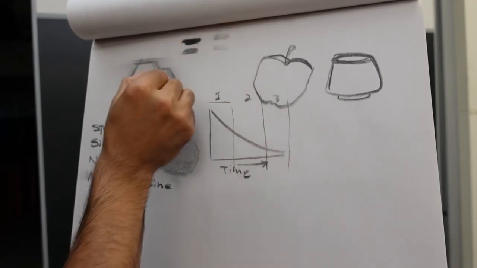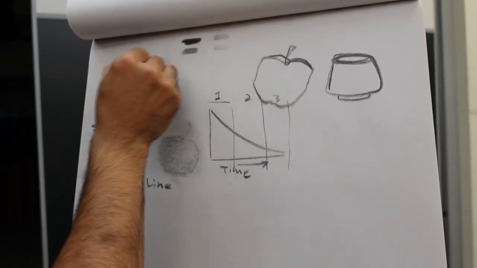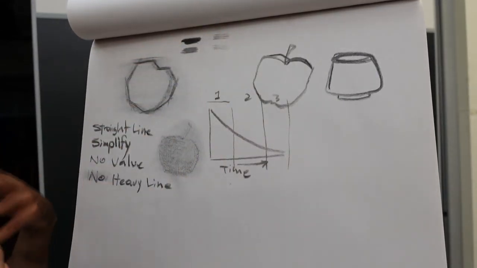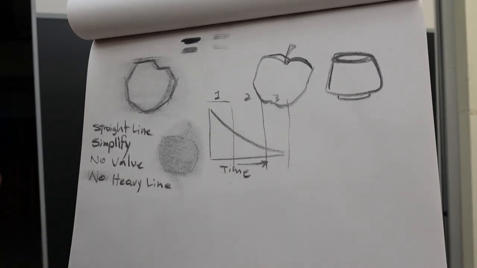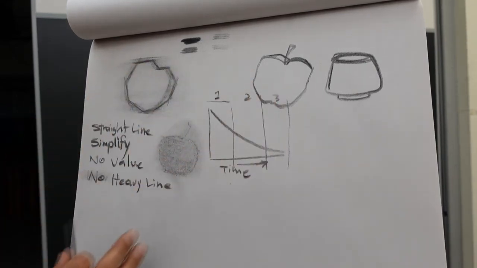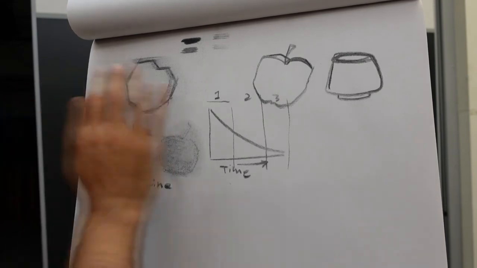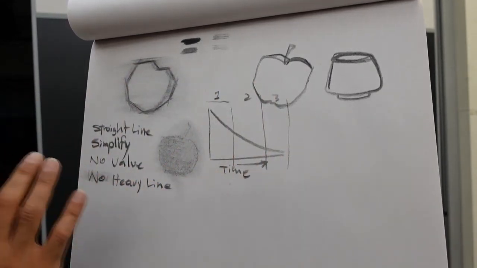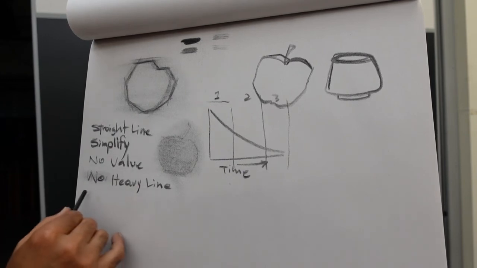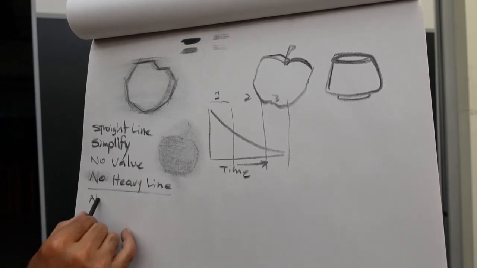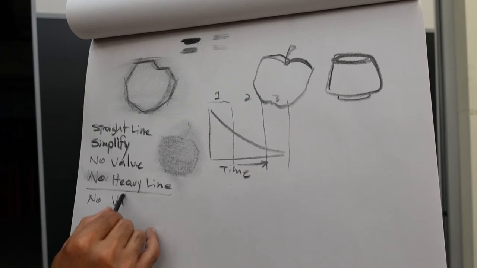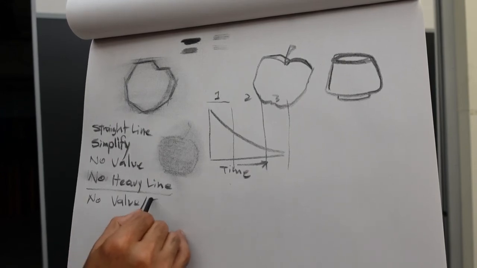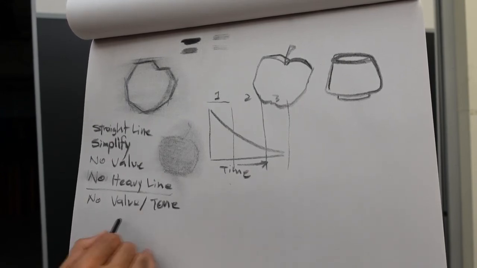And once we get into the other stages where you're modeling, you're putting in shading and things like that, it's going to go very fast, and we're not going to be dealing with a lot of these things. And so you have to really practice this and apply this in that beginning stage. It's going to be very, very crucial you do this, okay? So no heavy lines and absolutely no value or tone in this first stage, all right?